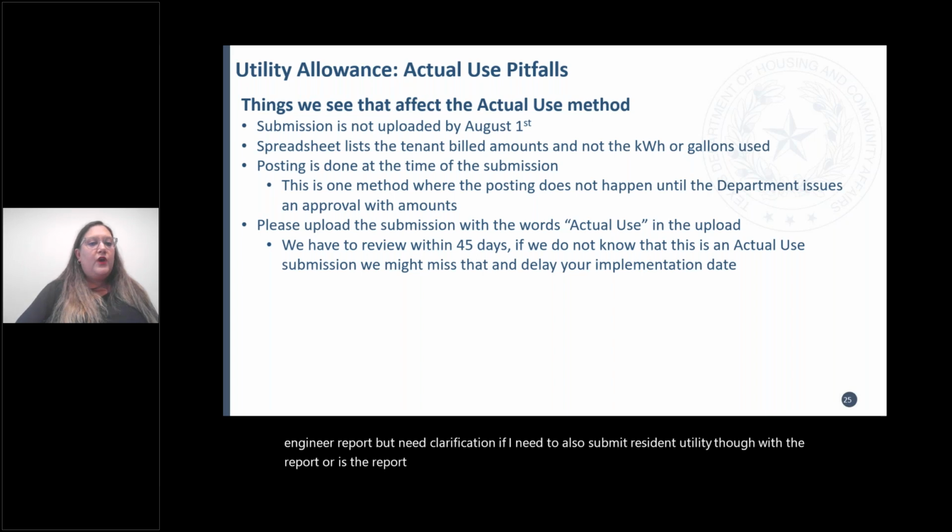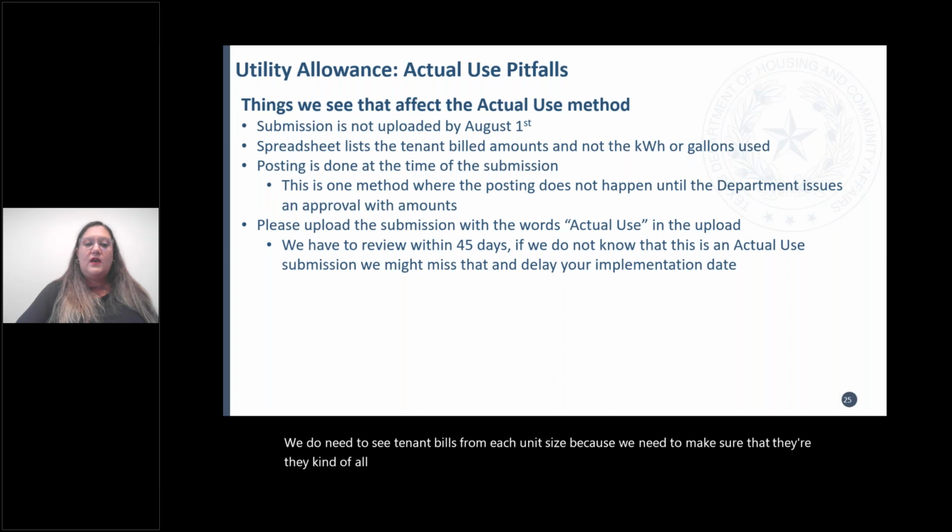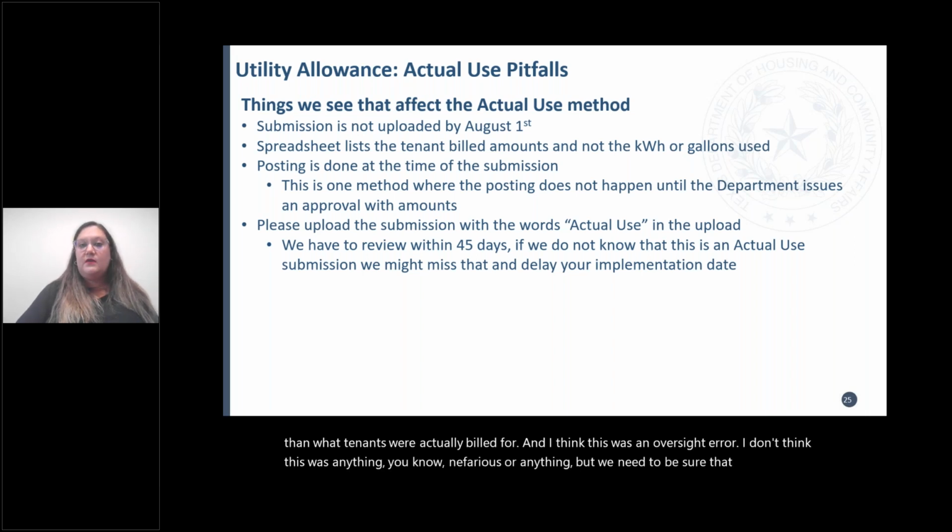No, if you've got a sub-metered utility, we do need to see tenant bills from each unit size because we need to make sure that they kind of all align. We've had some engineering reports that have used a different rate plan than what tenants were actually billed for. And I think this was an oversight error. I don't think this was anything nefarious, but we need to be sure that the rate plan used matches up.